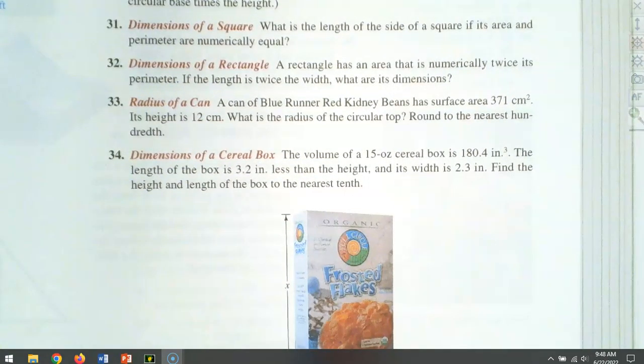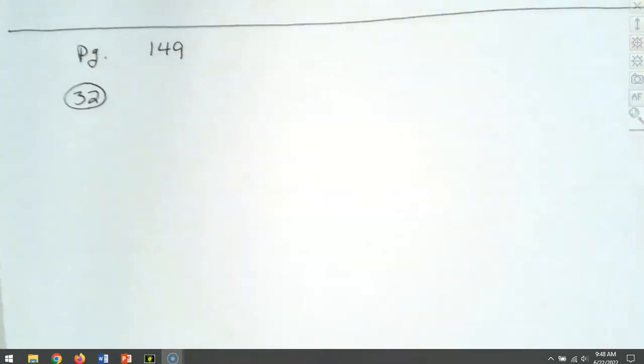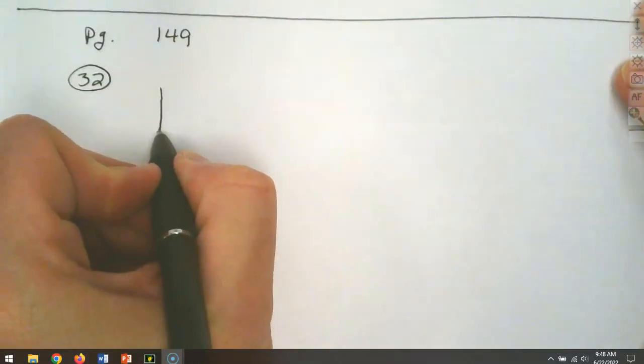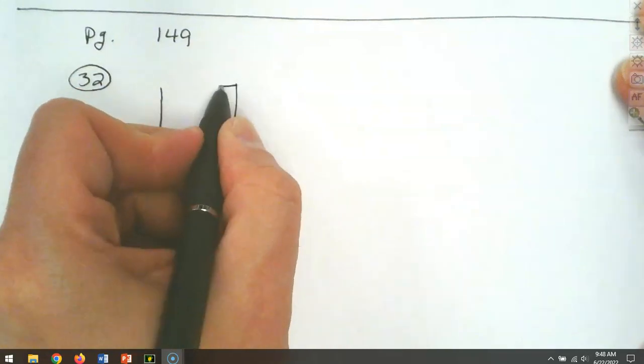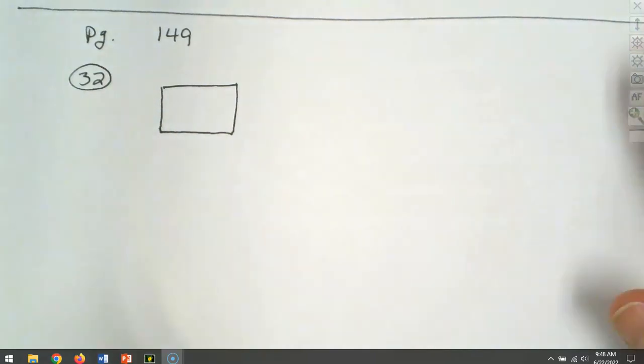So first, let's begin by drawing out our rectangle. So we'll start with a rectangle. And this one's actually going to be substantially easier, I think, than the last one. So we're going to start with a rectangle, and we know that the length is twice the width. Okay. So length is twice the width.